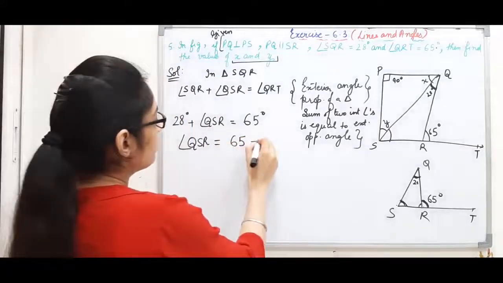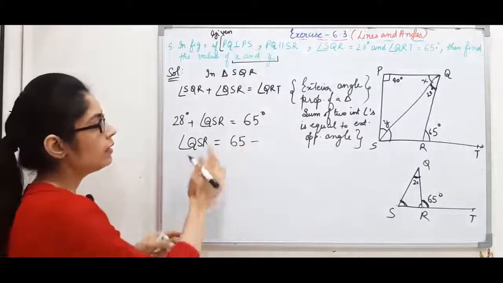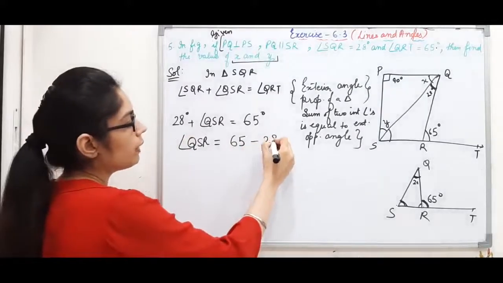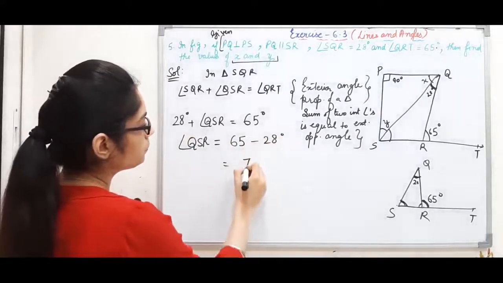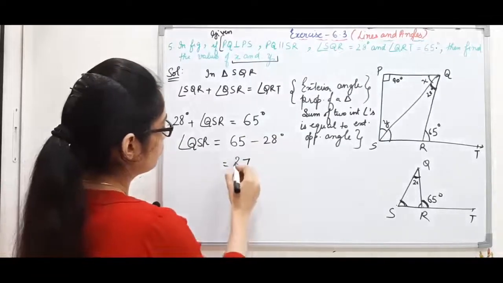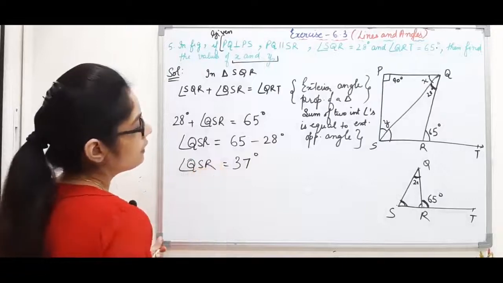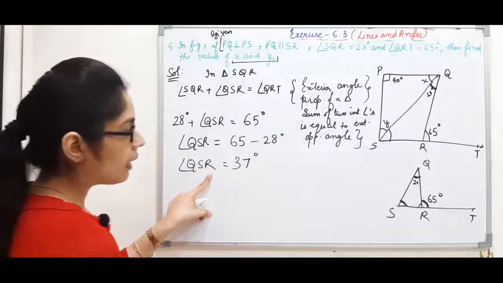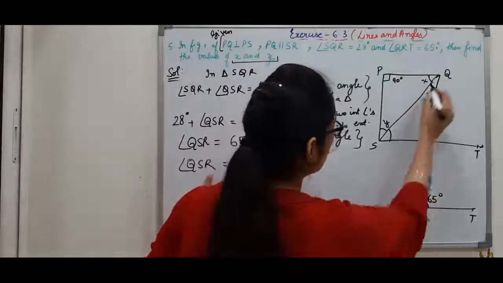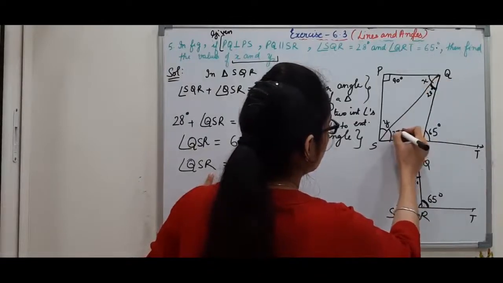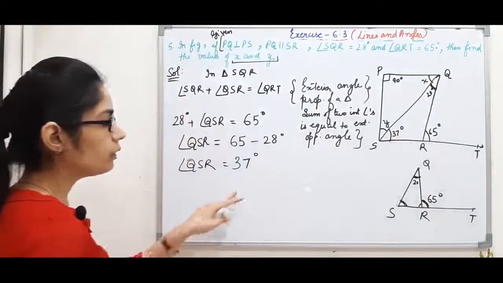On shifting the side, plus 28 will change to minus 28. So 65 minus 28 is equal to 37 degrees. So angle QSR, here I will write, because in this figure it's given, is equal to 37 degrees.